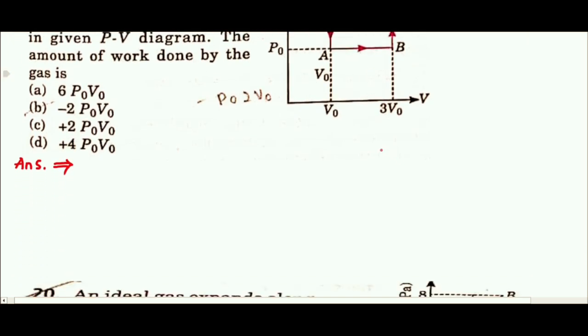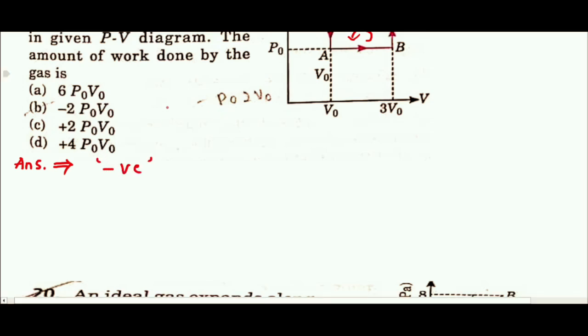Next is, an ideal gas undergoes a cyclic process. So this is a cyclic process. One thing here is that it is in an anti-clockwise direction, right? If it is in anti-clockwise direction, then the work done will always be negative.